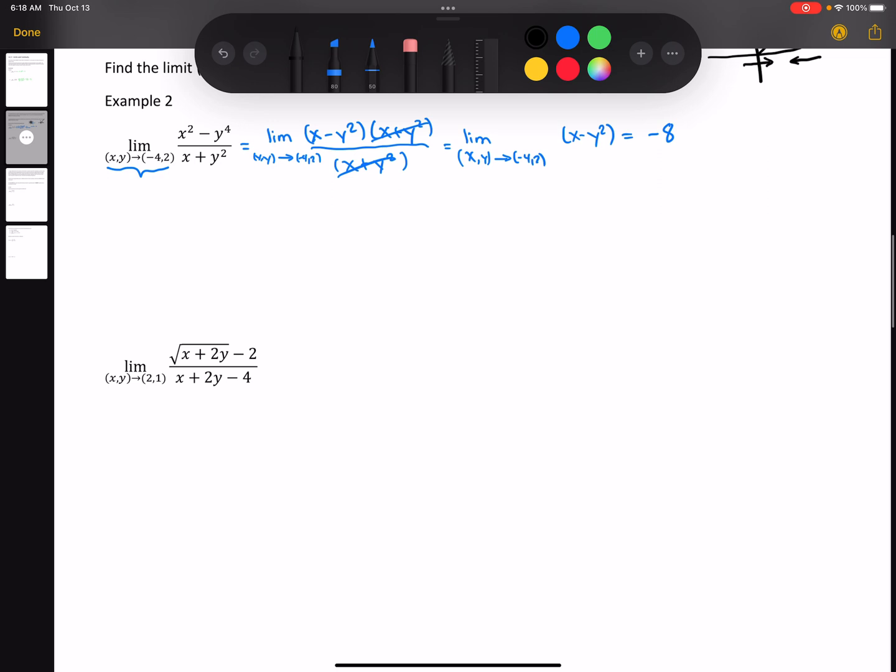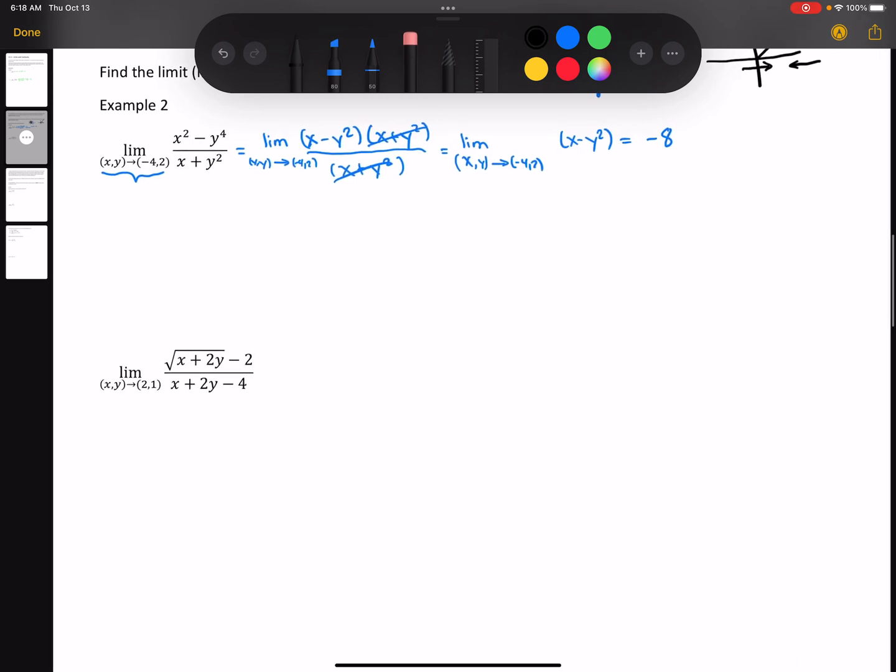So for the second example, same thing. If we substitute in 2 and 1 for x and y respectively, we're going to get 0 in our denominator. We already know some tricks for dealing with square roots from Cal 1, so it's going to be kind of the same thing, where we multiply by the square root of x plus 2y plus 2, that's the conjugate, and we multiply by the square root of x plus 2y plus 2 in our denominator as well.